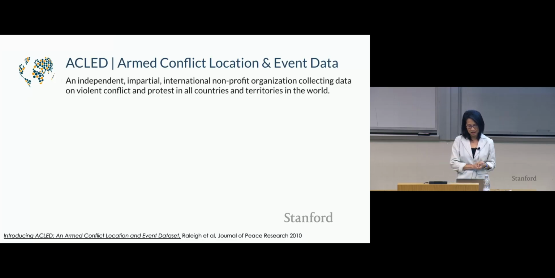And this is their tagline: an independent, impartial, international nonprofit organization collecting data on violent conflict and protests in all countries and territories in the world. That's hard. Okay, that is very broad, and this is also very important, because if nobody is organizing this, we would have a very poor picture of what is going on in the world.